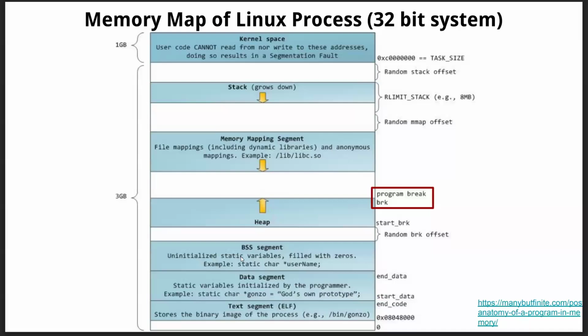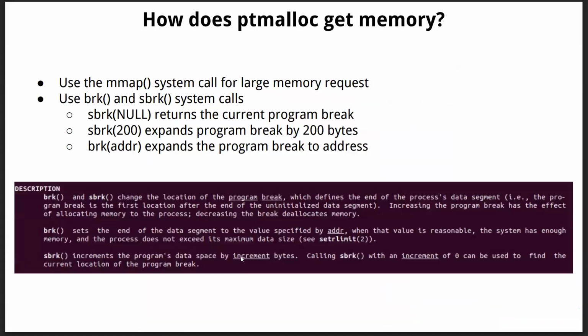The end of the heap is something we call a program break. Okay, remember that. So ptmalloc actually uses the memory map system call to get large memories. I taught computing systems 3650. We have two homeworks for you in that class. One is to implement the heap using the sbrk system call.